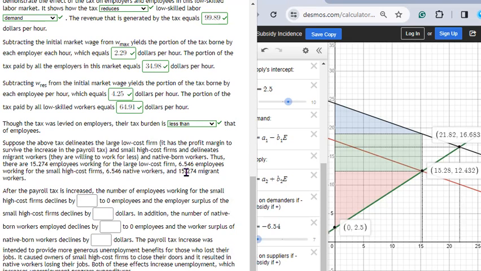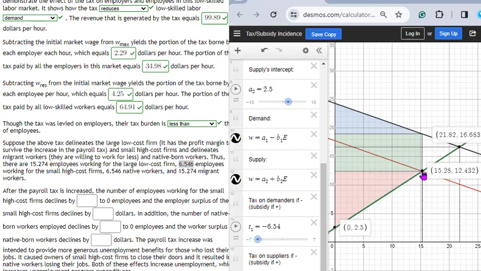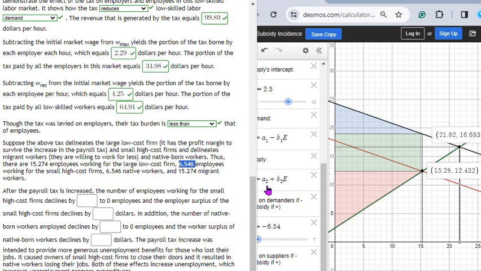So what that means is there are 15.274 employees working for the low-cost firms, right? All these are migrant workers working for the low-cost firm. And the difference between this employment level here and the employment level there is the 6.546, right?